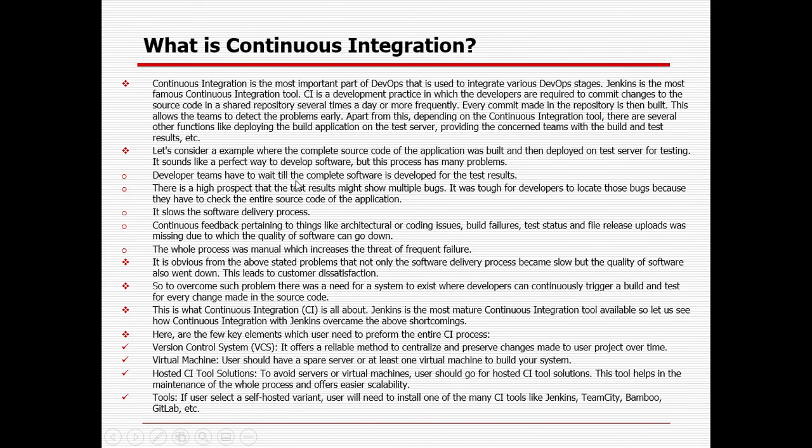The developer team has to wait till the complete software is developed for the test result. As part of CI, we can commit the changes as and when required, multiple times in the day, but in case we are not using CI, we have to wait until everyone completes their work and the work is integrated. There is a high prospect that the test result might show multiple bugs, which can be critical or of high severity.